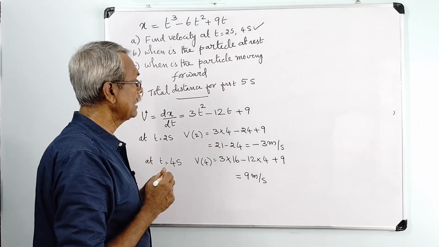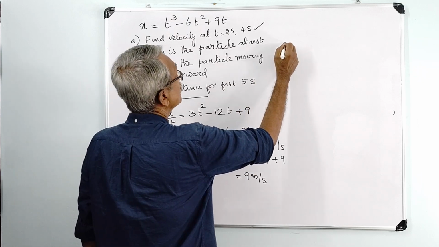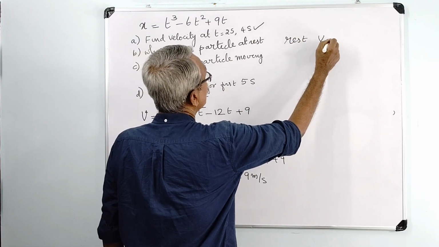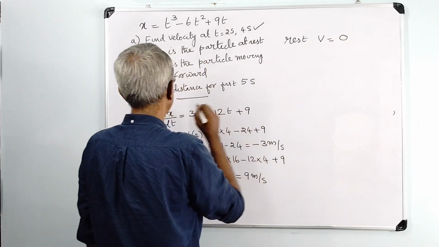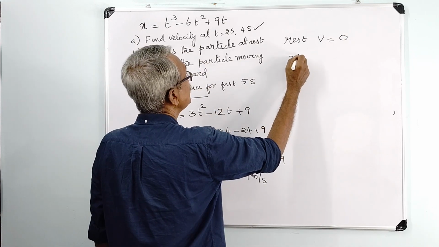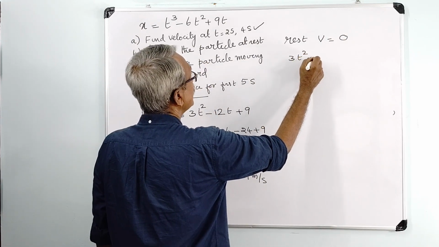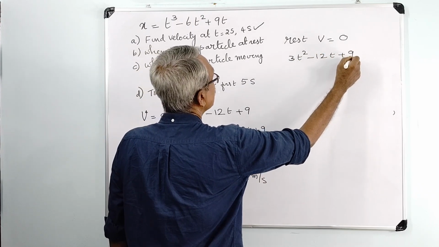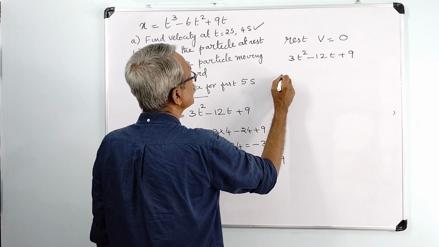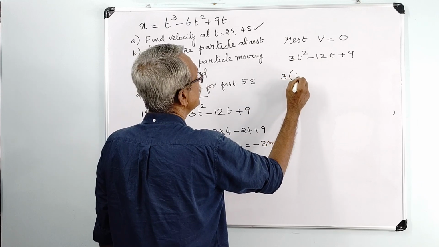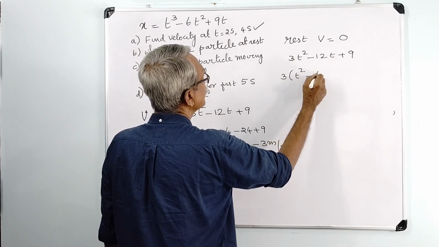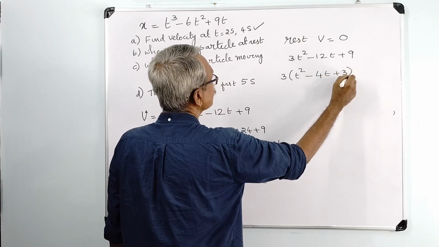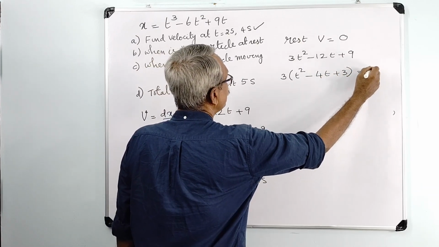When is the particle at rest? Rest means v is equal to 0. Therefore, 3t² minus 12t plus 9 is equal to 3 multiplied by t² minus 4t plus 3, equal to 0.